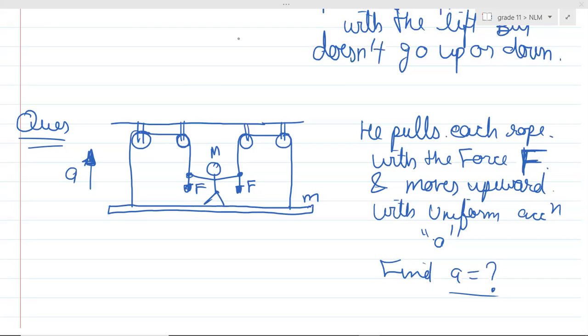Let me check. Now what did you say? Question number 24. What did you say, bhai? 2F by M plus small m. No, it should be 4F, and after this minus g.